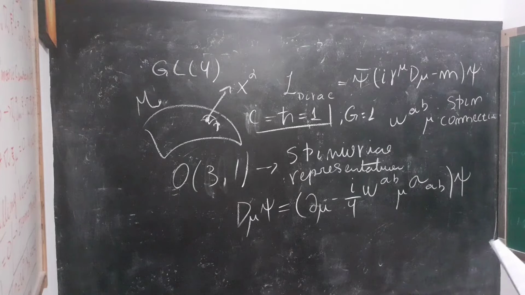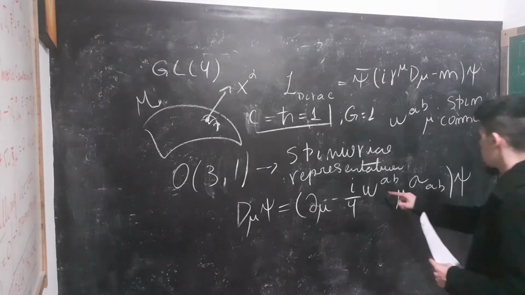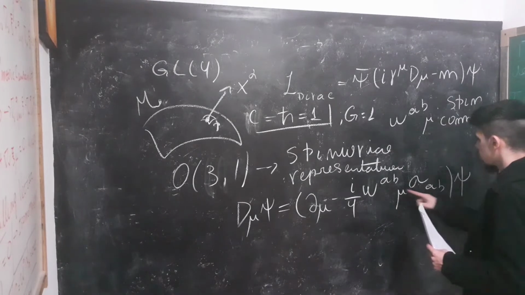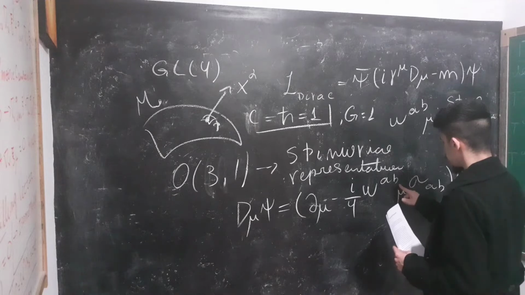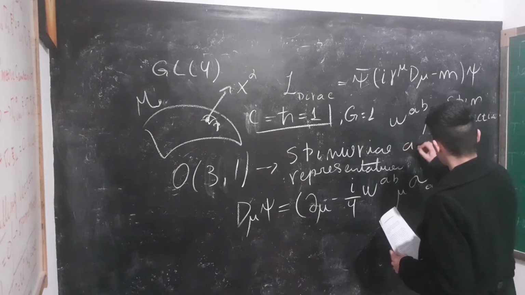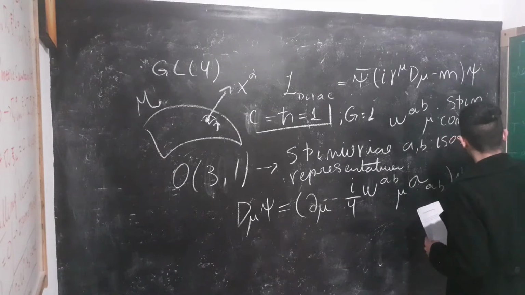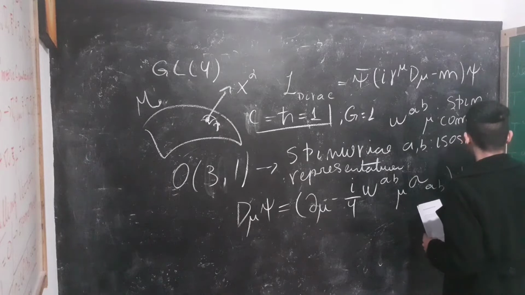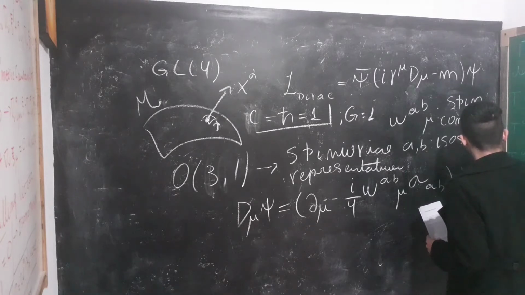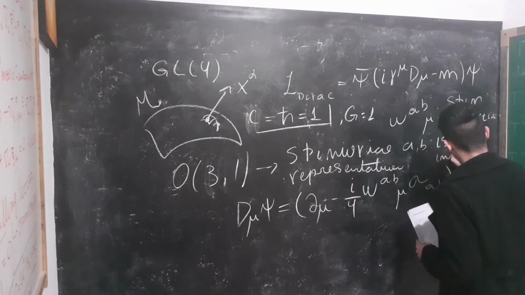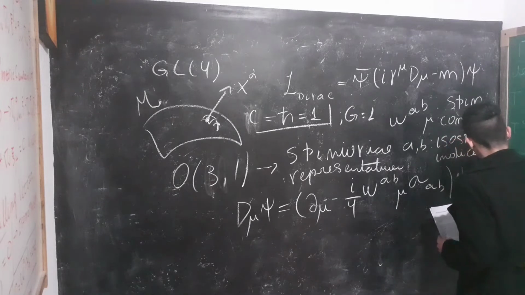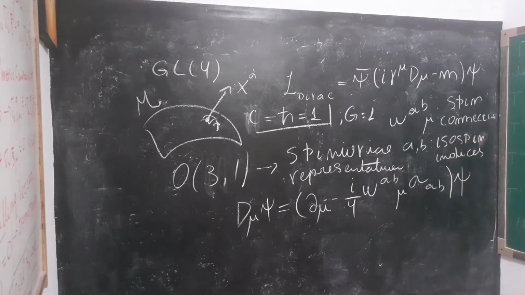So given these AB indices here are the isospin indices.